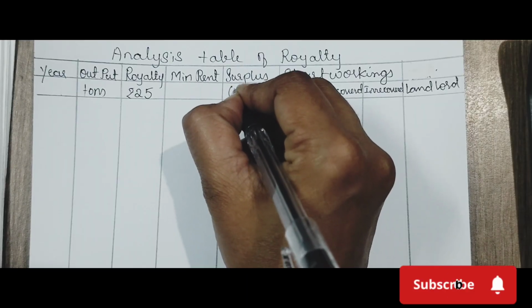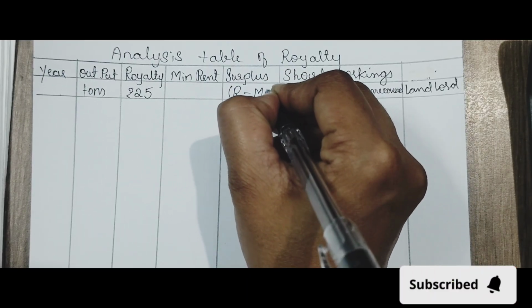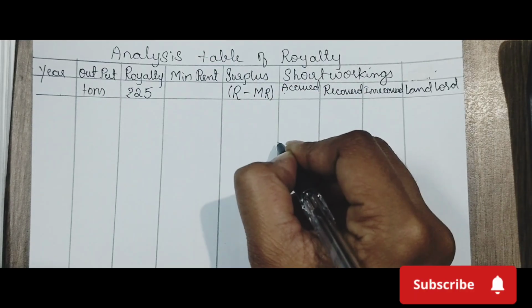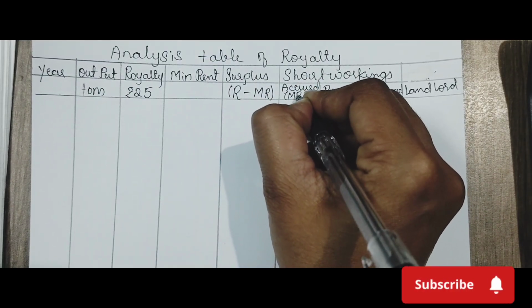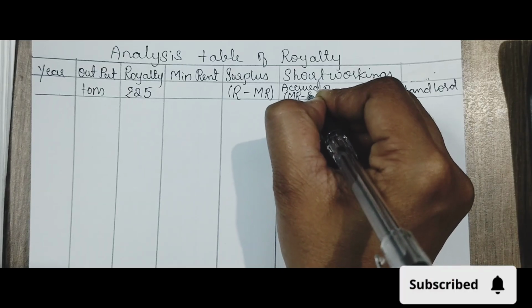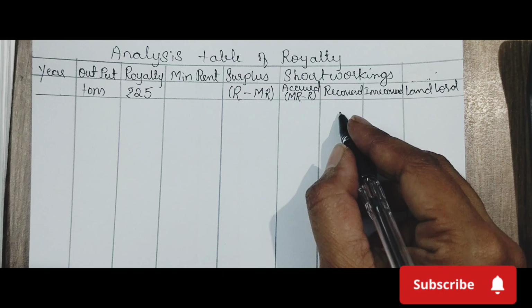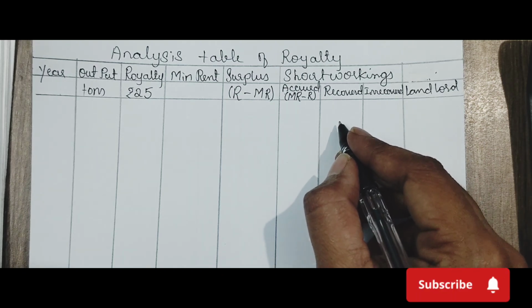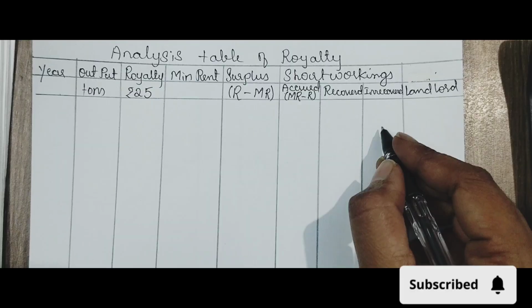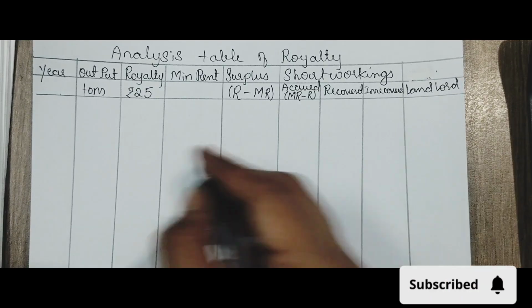When the royalty is more than the minimum rent, then it is called surplus. Short working occurs when the minimum rent is more than the royalty. And when you have surplus, you can recover with the certain conditions specified, whatever amount you have recovered, and payment to the landlord at the end.